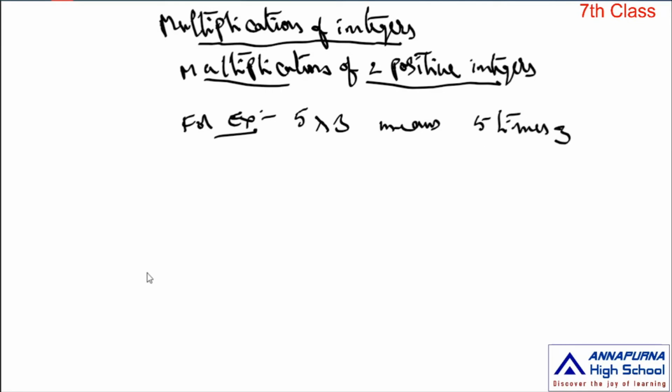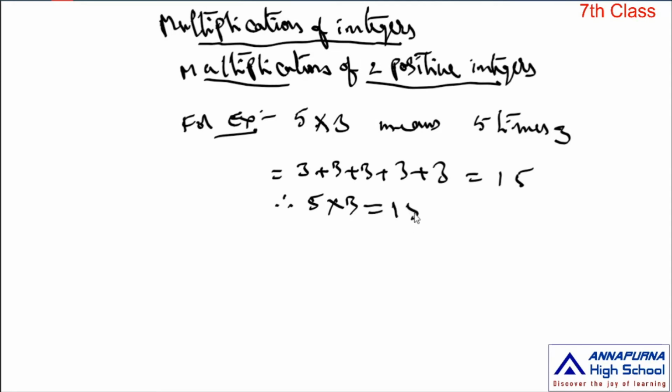That means you should add 3 five times, which is 3 plus 3 plus 3 plus 3 plus 3. Its sum is 15. Therefore 5 threes are 15.